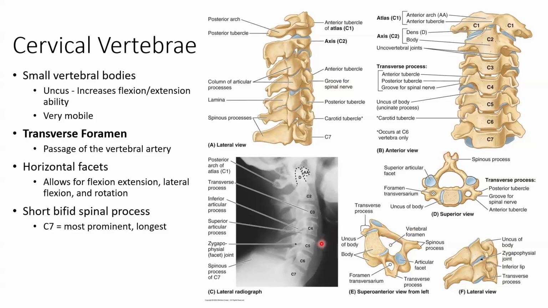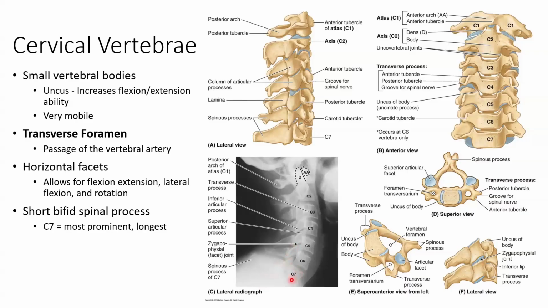One more thing here is, so we get short all the way until C7. So we also often see in the transition points between one region and another. So at C7, we're about to move into the thoracic region. We see kind of a transformation and a transition from cervical traits to thoracic traits.